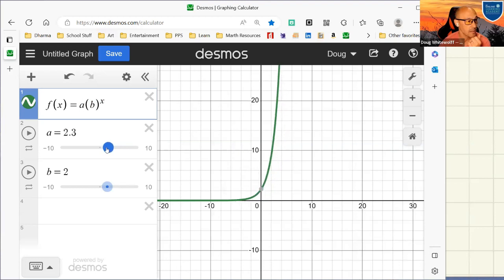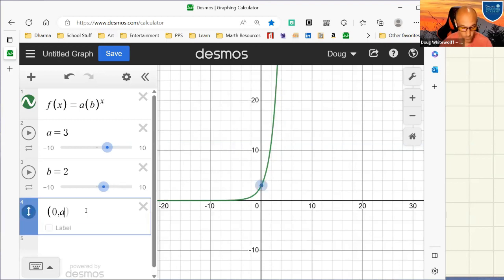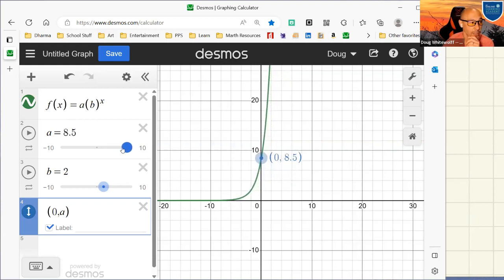So when the a value is 2, or when the a value is 3, the y-intercept is 3. Let me see if I can do something. Oh, yeah. Okay, there we go. So watch this. As I change the a value, our y-intercept is changing.